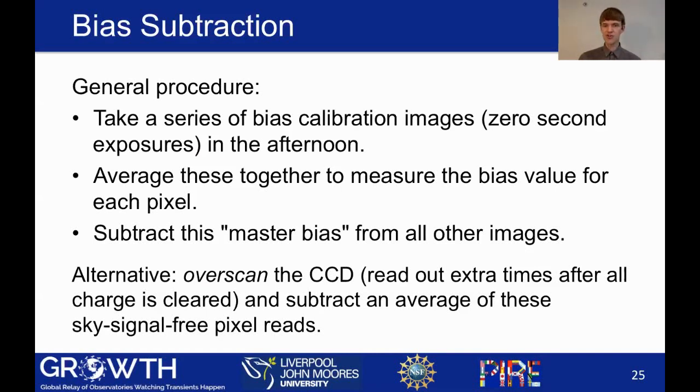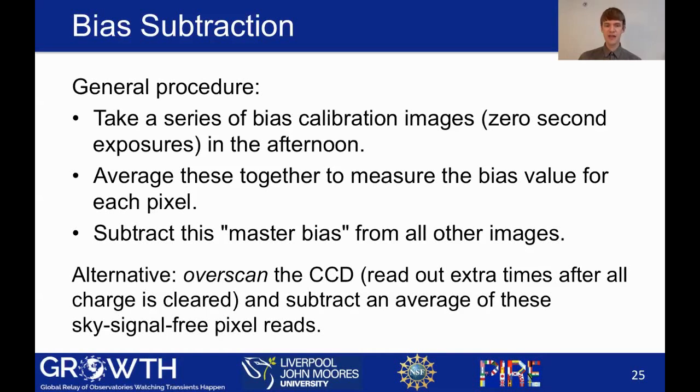We then average those together and take the value of each pixel to measure the associated bias value of each pixel. Once that has been done, we have a master bias image that can be subtracted from all our other images that have actual signal within them to remove the bias from them.